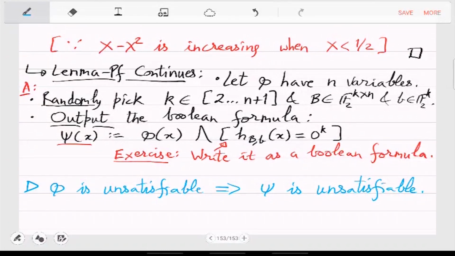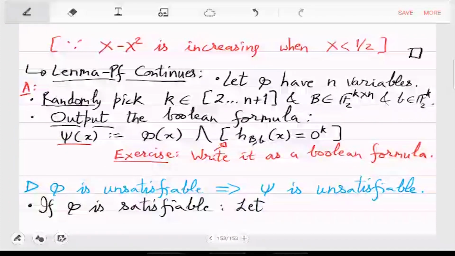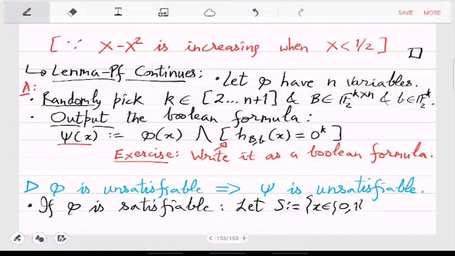And second property is, if phi is satisfiable, then let S be the satisfying assignments. And its size is at least 1, that it is not an empty set, there is at least one element.